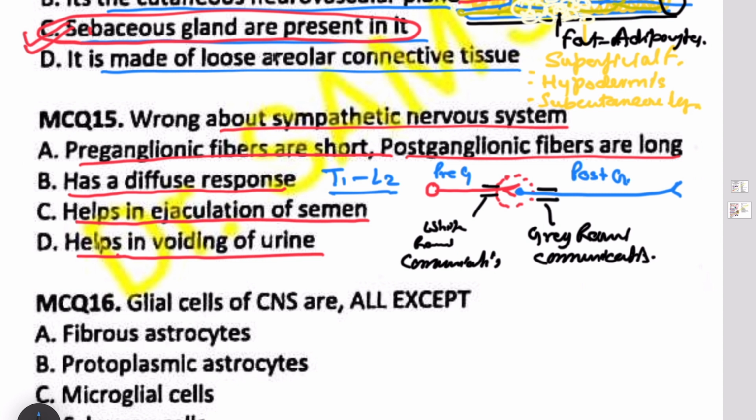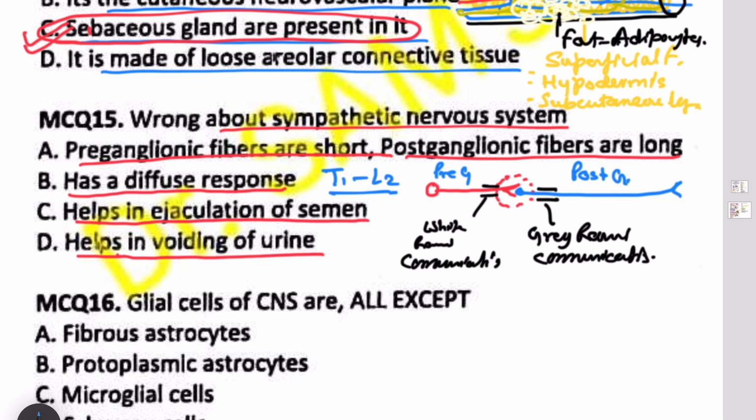A diffuse response, of course, because they are slowly conducting, non-myelinated postganglionic fibers, and they act on different systems simultaneously, like tachycardia, breathlessness, mydriasis, and vasodilatation in the musculoskeletal system. All this happens simultaneously. So it's a diffuse response.